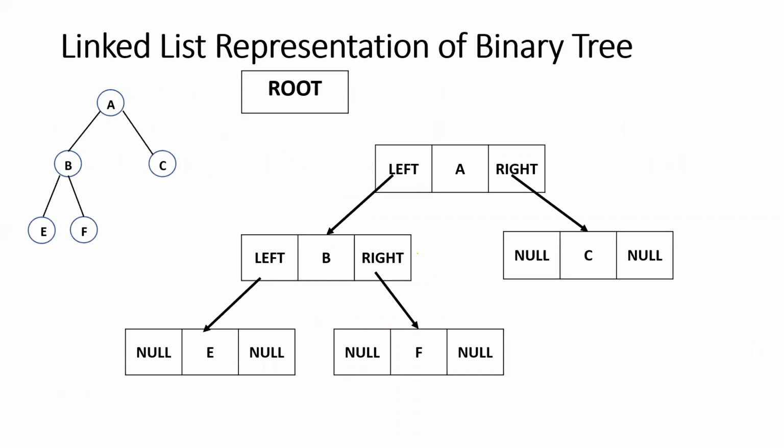Here, as we can see, I have given the implementation of the linked list. This is a binary tree, and this binary tree is represented over here. Here you can see the root, right? This is only a pointer. Pointers will be storing the address, right? So the starting address, where it will start from the root.